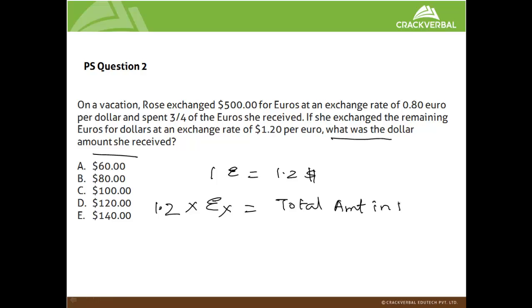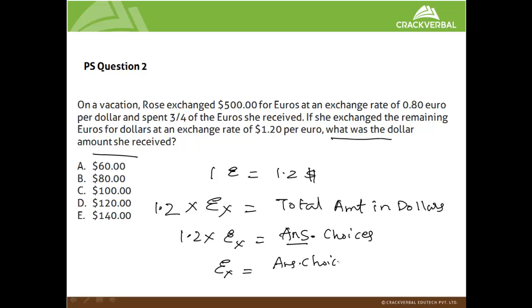The answer choices are nothing but the total amount she has in dollars. So 1.2 into the number of euros is equivalent to the answer choices. The number of euros is the answer choice divided by 1.2.